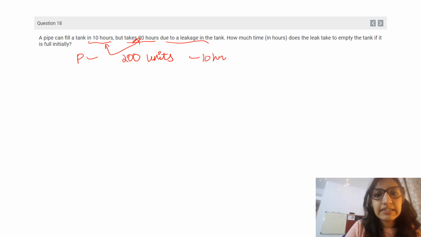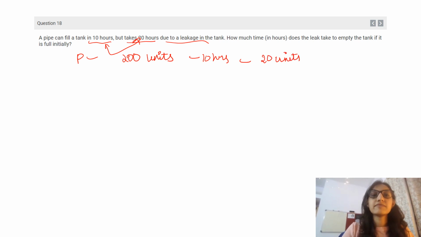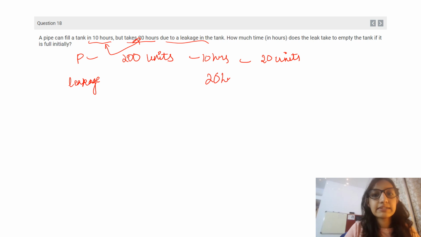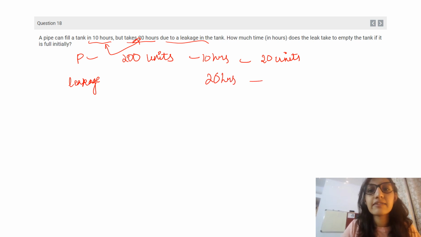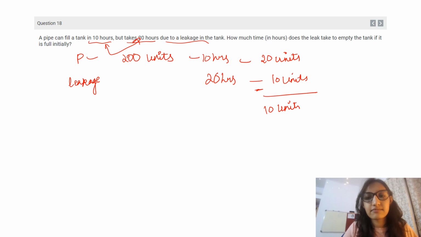That means in each hour it can fill 20 units. But because of the leakage, it takes 20 hours to fill. That means every hour it can fill only 10 units. That means when you subtract this, you'll understand that 10 units are leaked.